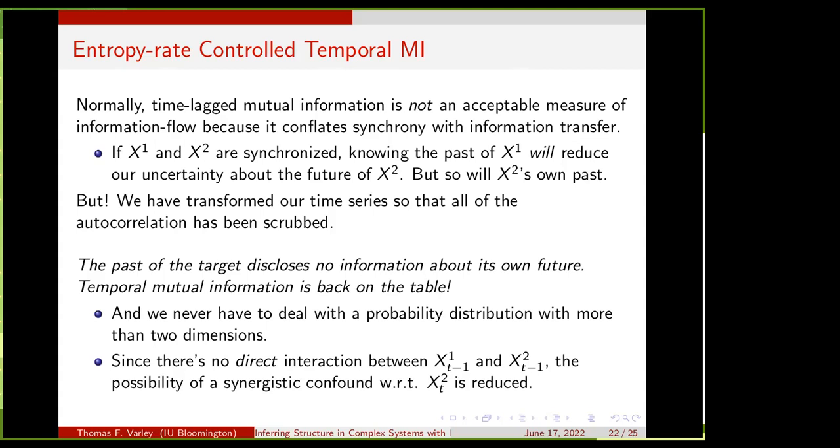And since there's no direct interaction between the past of x1 and the past of x2, they never appear in a probability distribution together, I'm like 85% sure that the possibility of a synergistic confound with respect to the target's future is reduced. All right, so if I'm being perfectly honest, I'm rather pleased with myself that this all worked out, if it has worked out as well as I think it did.